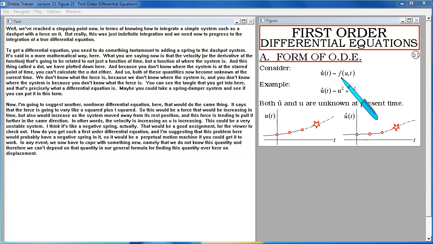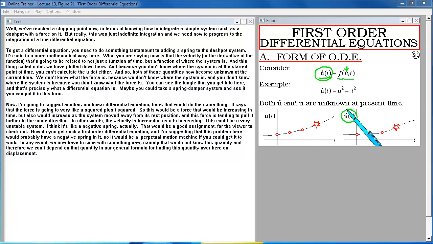What you're saying now is that the velocity or the derivative of the function is going to be related to not just a function of time, but a function of where the system is. And this thing called u dot, we have plotted down here.